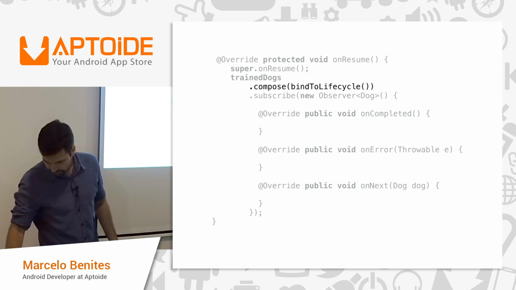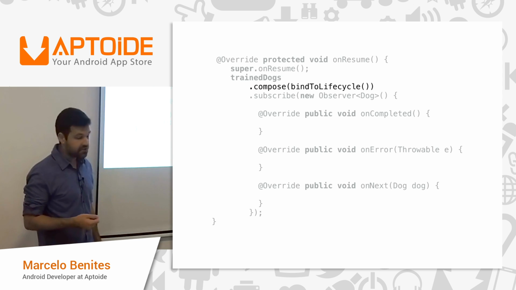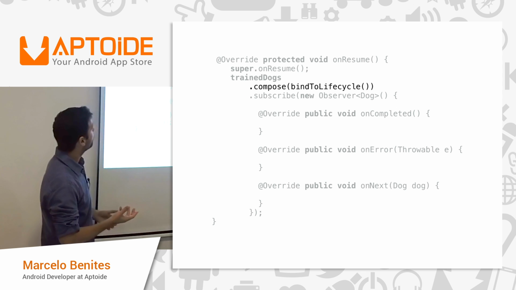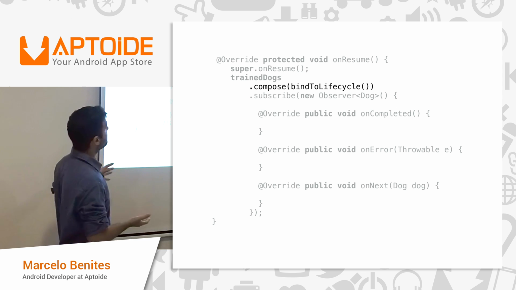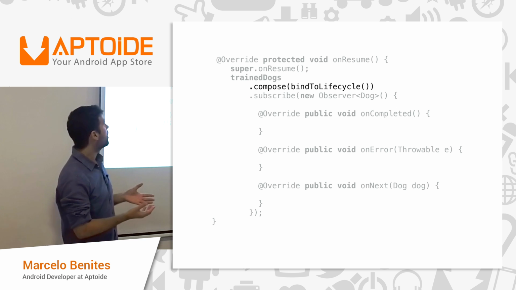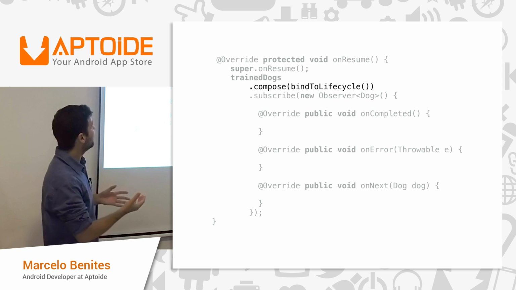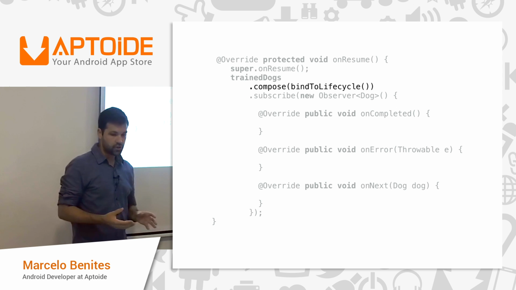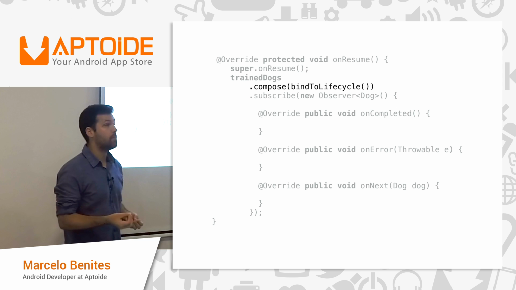If we do that, we can use the bindToLifecycle method. So here we are in the onResume method, and we start to listen to our trained dogs. But we are going to add this compose operator. The compose operator is a different operator from the other ones because it's not going to deal with items emitted by the observable.